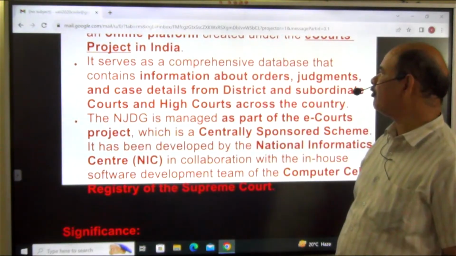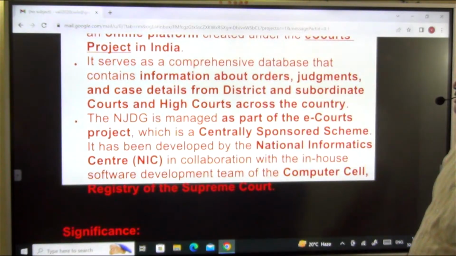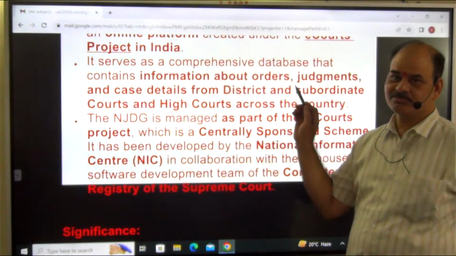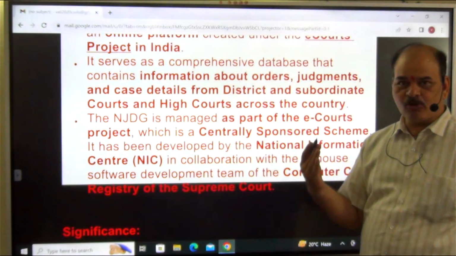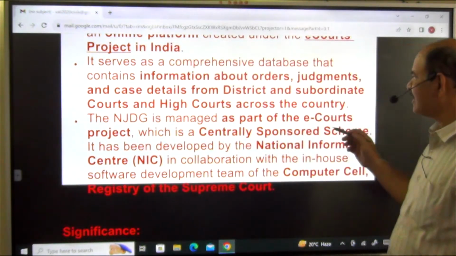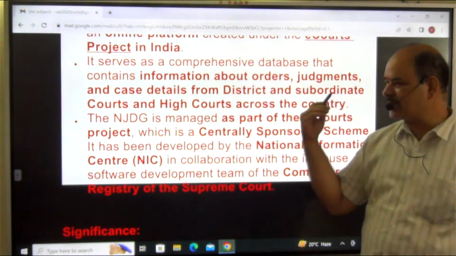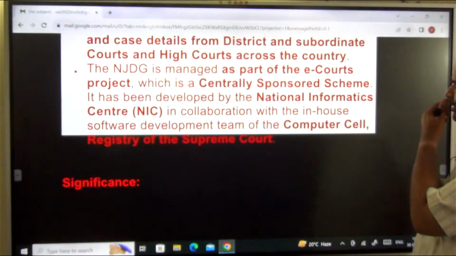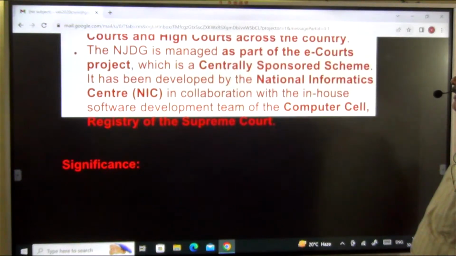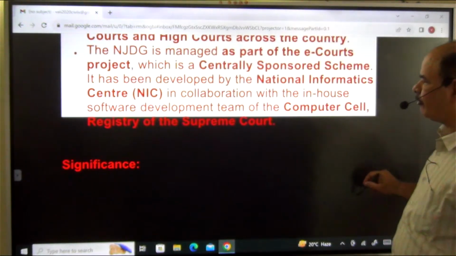It serves as a comprehensive database that contains information about orders and judgments of lower courts and higher courts, district and subordinate courts, and high courts. It is a centrally sponsored scheme, developed by the National Informatics Centre.